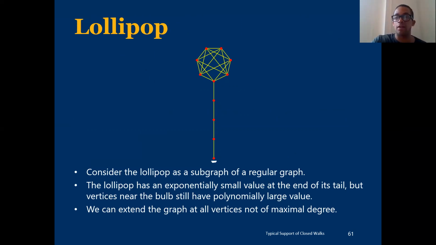But the key thing is that if we think about this as a subset of a regular graph, then we can extend at all vertices in the middle here, which create this exponentially small tail. And if we do this, then the total amount of increase is still polynomial, because the sum of the values in the top eigenvector on this tail is still polynomial.